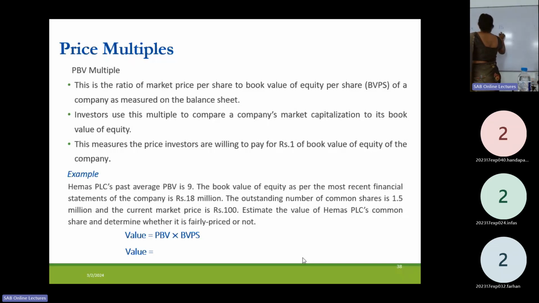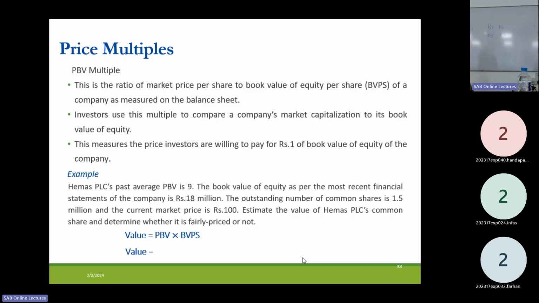Current market price is 100 rupees. Currently, the Hemas PLC shares are trading for 100 rupees. So calculate the value and tell me what is happening with the Hemas PLC share, whether it is overpriced or underpriced. This is based on book value of equity.